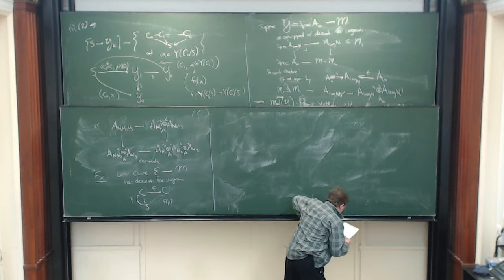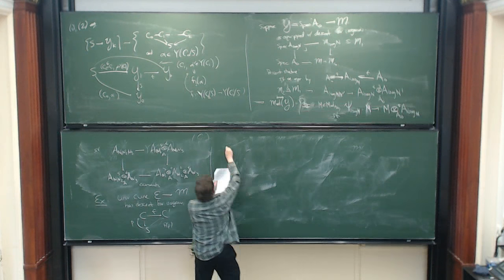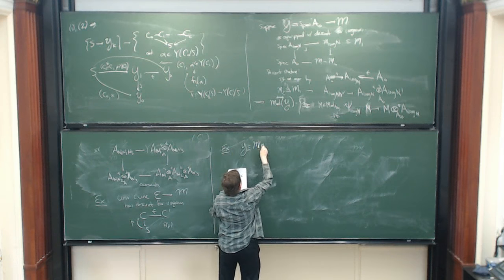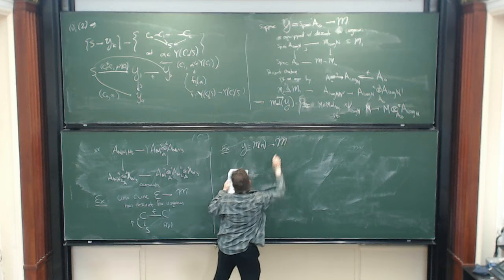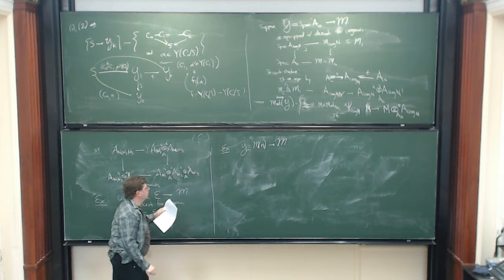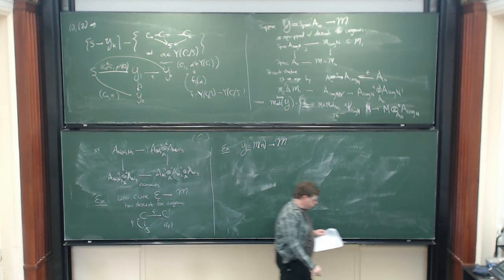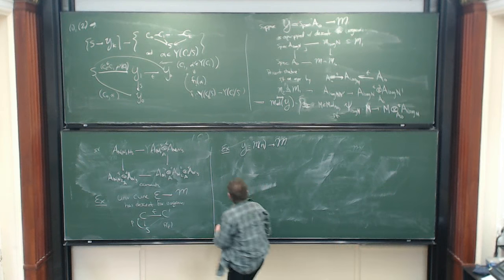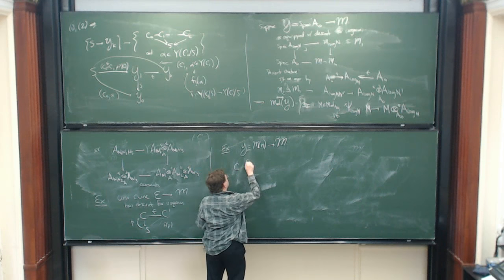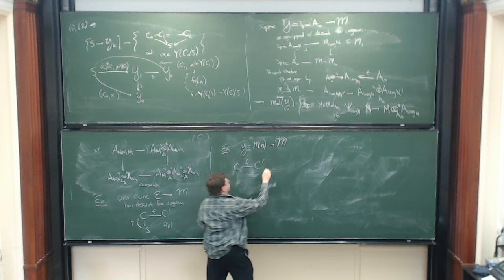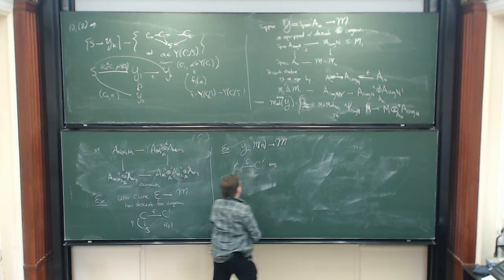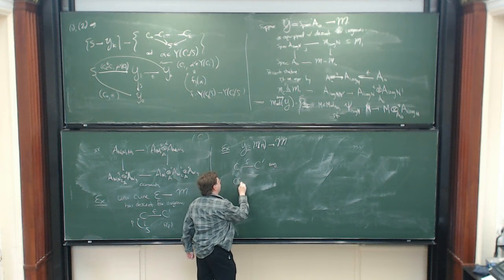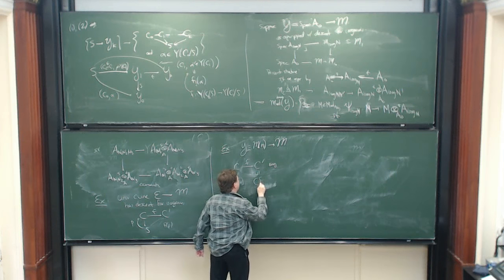Here's another example, which is not quite an example. A modified example. Let's take the stack of full level n structures. I want to push forward a full level n structure along an isogeny. I actually discovered that there's a little problem. Let's take an isogeny. Now, I'm assuming here that I have these subgroup schemes, C bracket n.